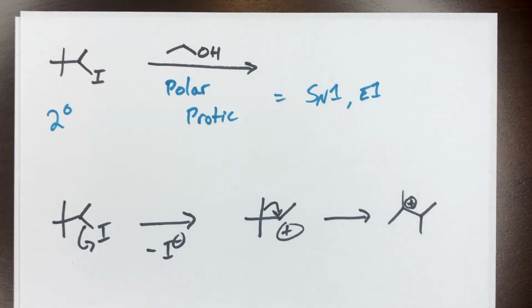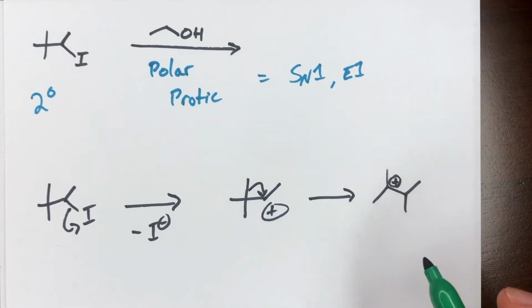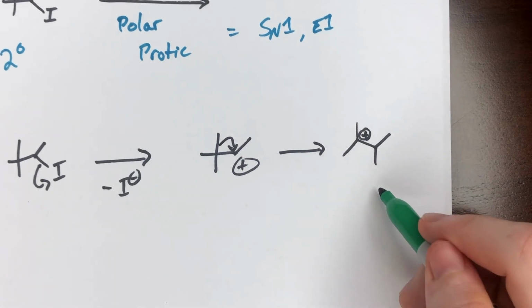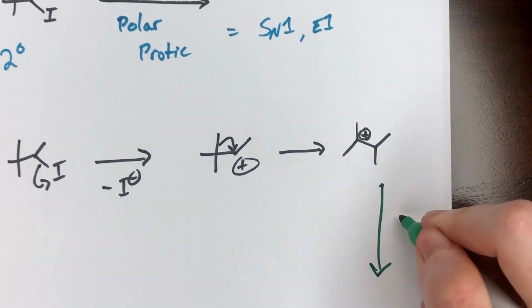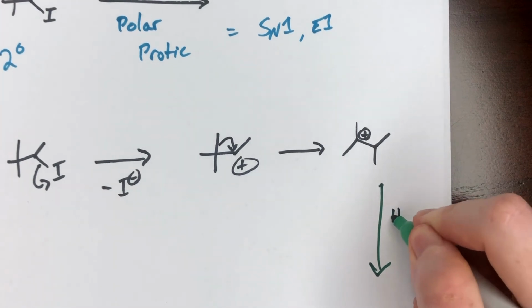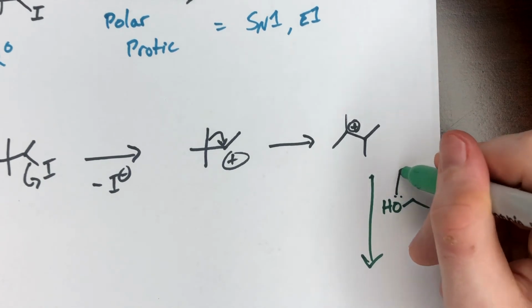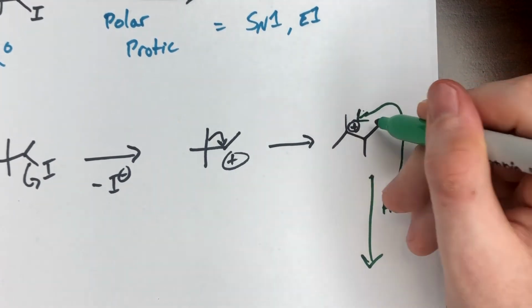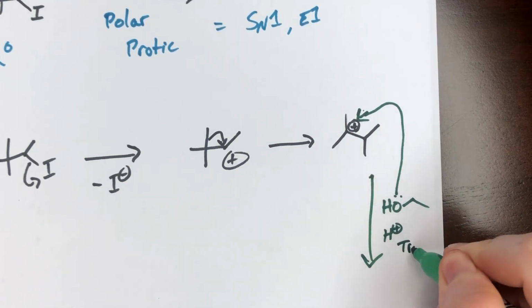So now what happens is you get your SN1 or E1 pathway, depending on which one you want to draw. Here, this will be our SN1 pathway. So we have our alcohol, which is ethanol in this case, drinking alcohol, and this will attack the carbocation position. Again, there's going to be a proton transfer that I'm not going to draw just for time.